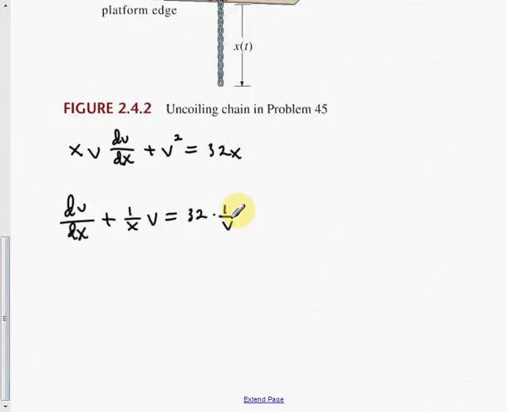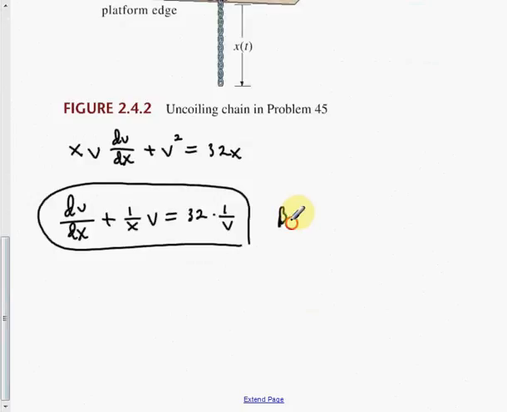Does that look like anything? Yes, sir. It is Bernoulli. And so if I were you, I would solve it using Bernoulli. Let me just start it just here for a moment, and then I'll leave the rest to you. It's Bernoulli, so what I'm going to do is multiply everywhere by v. So I have 32 over here by itself.